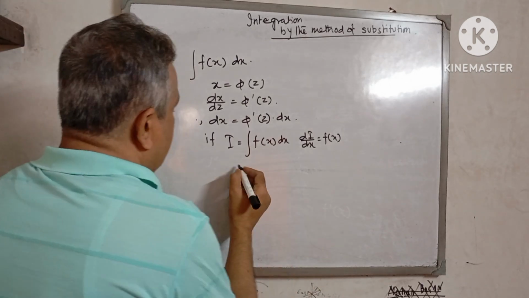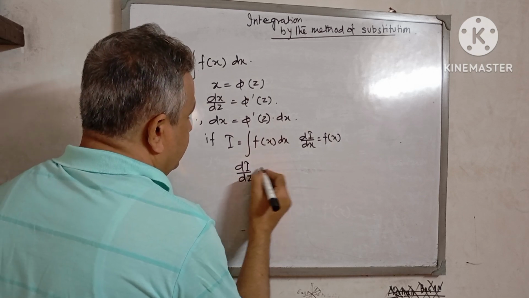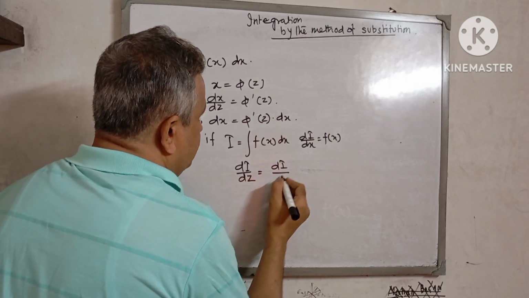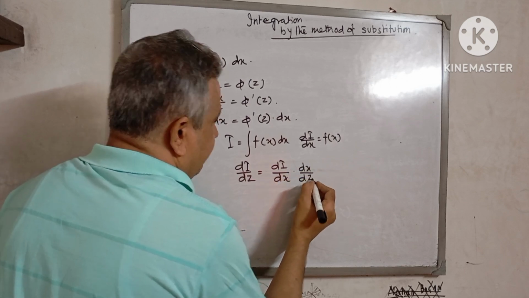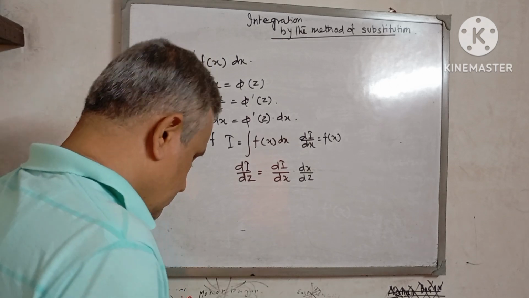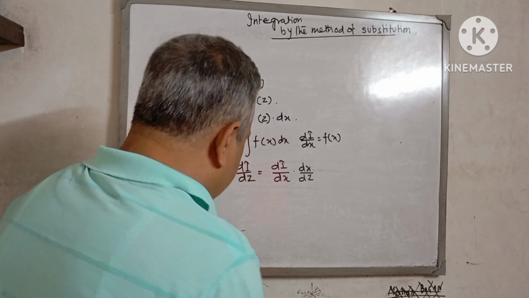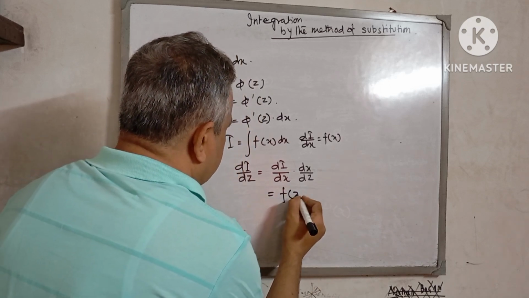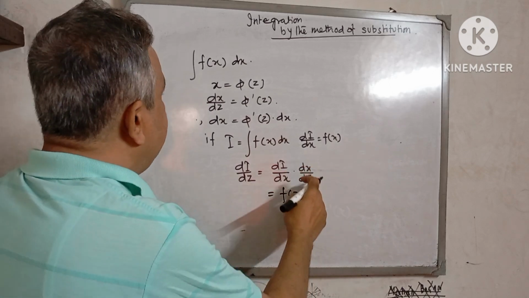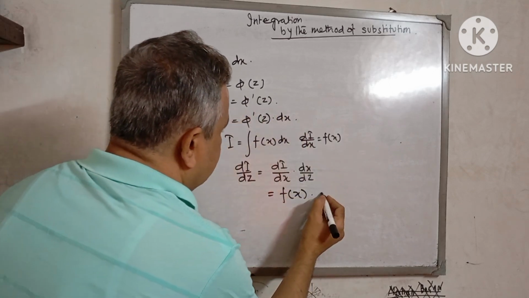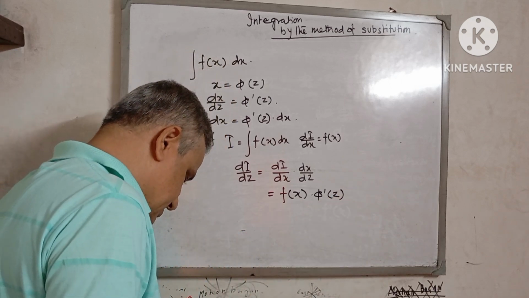Now dI/dz, we can write by chain rule, is dI/dx into dx/dz. So dI/dx is f(x), and dx/dz is phi dash z.